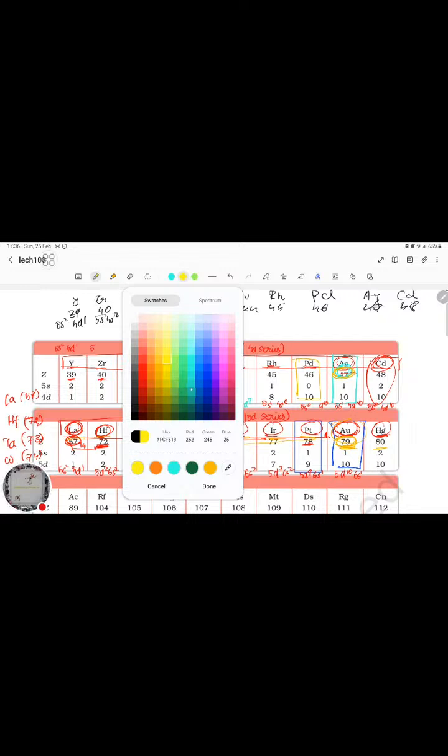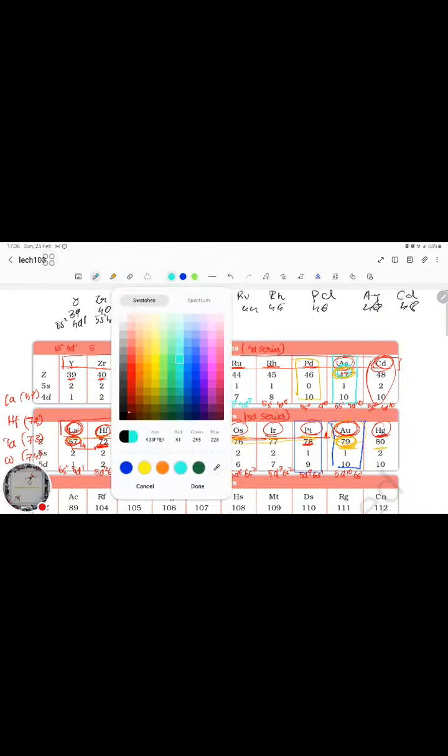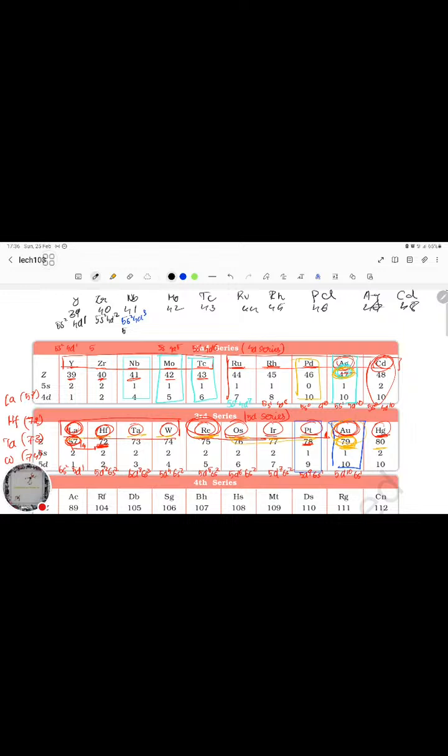5s2 4d1, 5s2 4d2, and niobium has an exception here. It is expected to have 5s2 4d3, but it turns out to have 5s1 4d4. I don't know why.